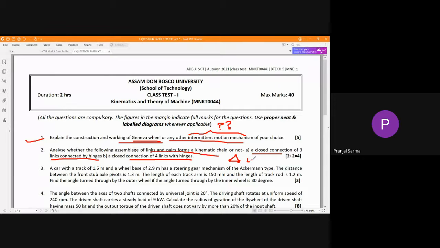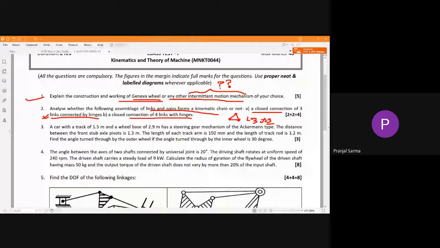L is also three, then J also is three, right? Was there any kinematic chain here?